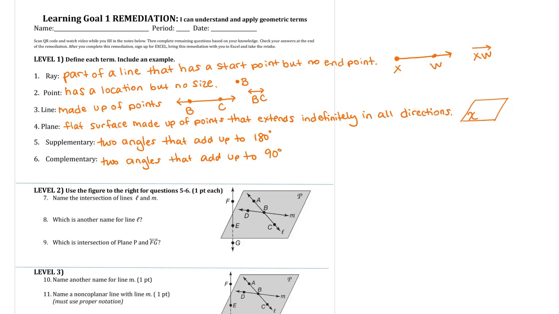And if you're having trouble keeping those 2 separate, here's a little trick. Supplementary starts with the letters SU. If you draw a line through the S and the U, you get 180. Complementary starts with CO. If you draw a line down the C, you get 90 degrees. So I hope that little trick helps.